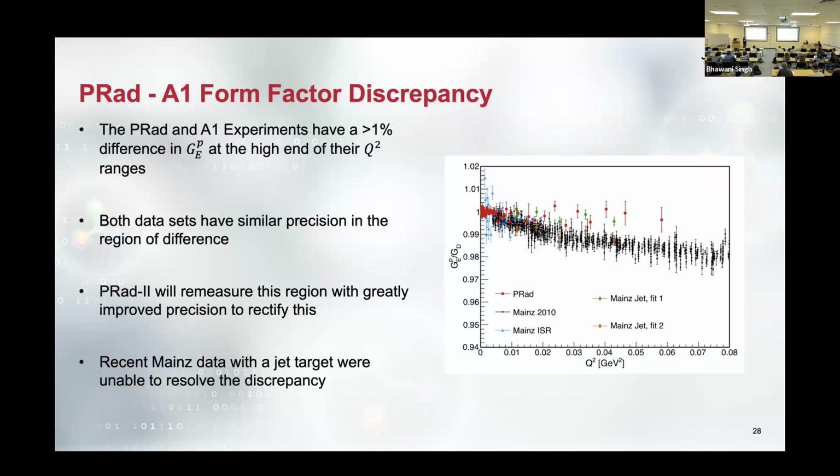This plot is actually pulled from their paper, which was saying that they can align their data both with PRAD and with the A1 data, and it agrees to similar chi-squared, and the model allows that fluctuation. And so they basically said, we can't use this technique to resolve the discrepancy. We need to do it again a different way.